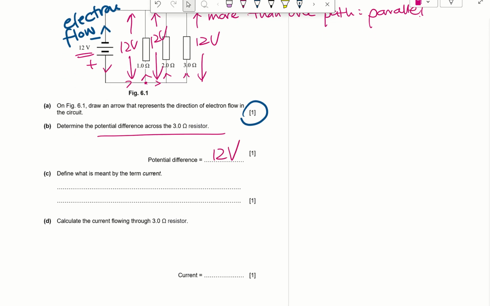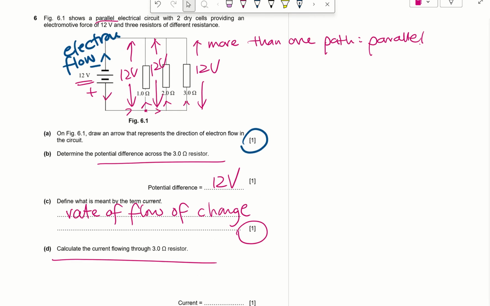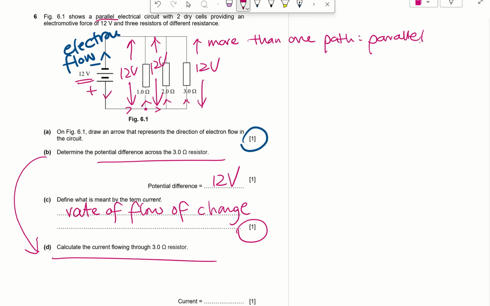So what is meant by the current? Current is rate of flow of charge. If you memorize this, it's just 1 mark. You get your 1 mark. They therefore ask us to calculate the current flowing through the 3 ohm resistor. Okay, so this goes to this, right? You need this, then you can solve D, which is the potential difference across the 3 ohm is 12 volts.